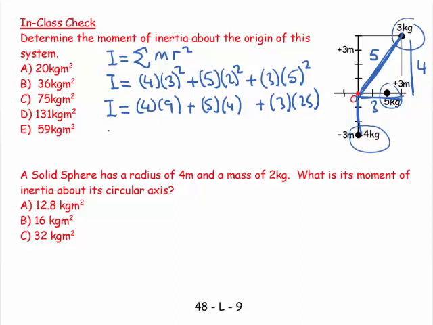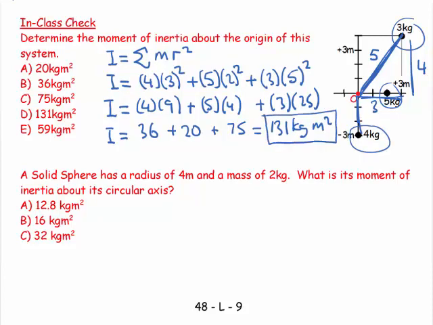I sometimes do those steps in my head, but I try not to, because for checking the work it makes it very convenient to have it all written out. 3 nines are 27, 4 nines are 36, plus 5 fours are 20, plus 75, which equals 131. And the units, well, look at the equation. Kilogram meter squared. 131 kilogram meter squared.